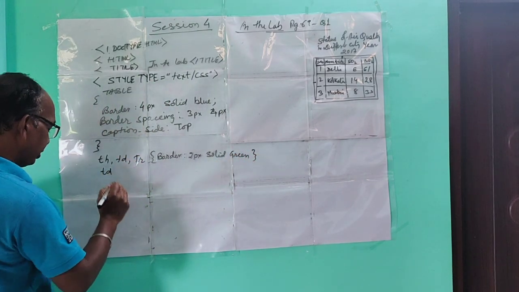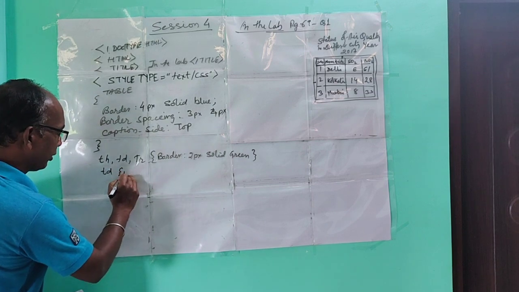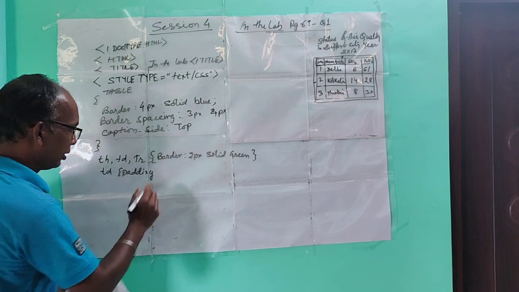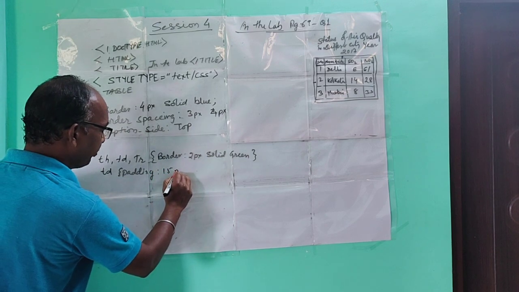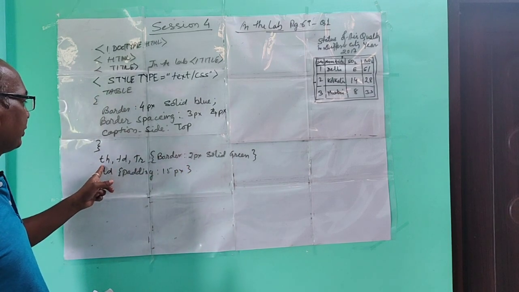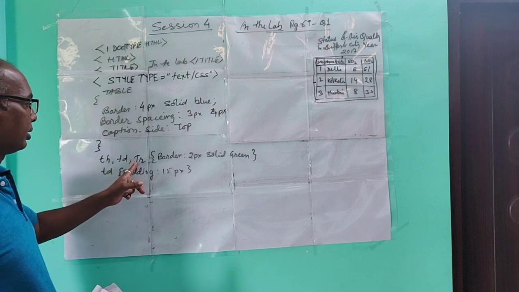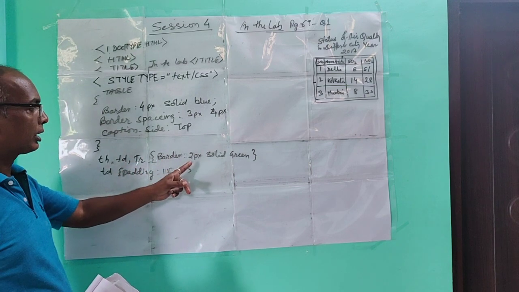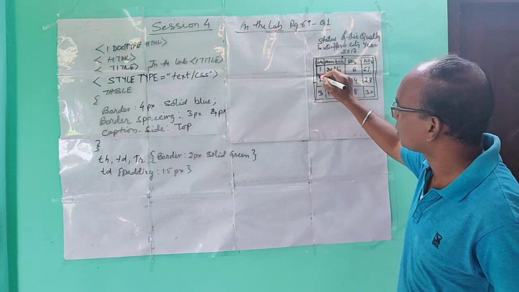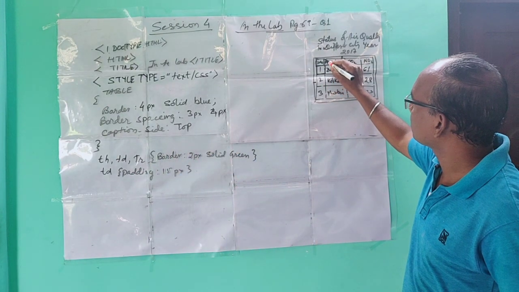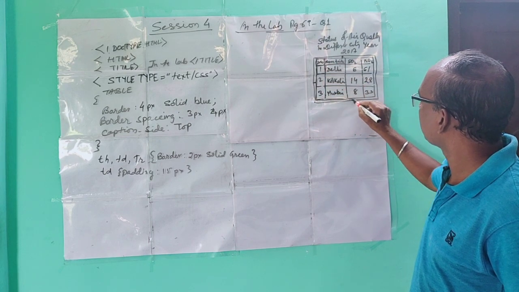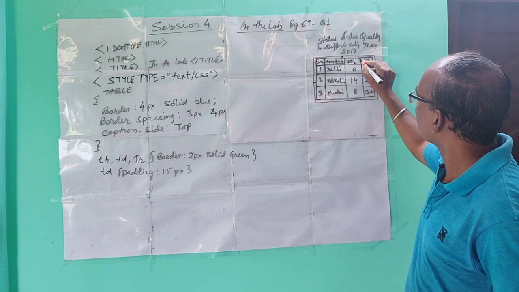Next, TD padding, padding equals to 15px. So for the table heading, the table data and the table row, the border is 2px and the color of this border will appear in green.